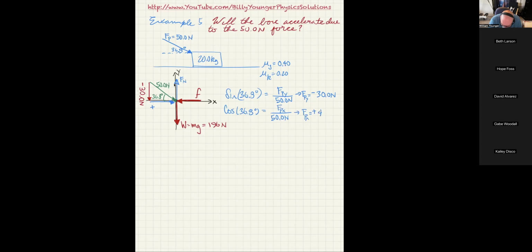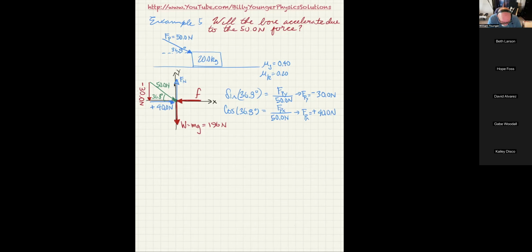In this case, it should be 40.0 newtons. Again, I'll check it with my calculator just to make sure. 50 times cosine 36.8 degrees gives me 40.03, which is really about as close to 40 as we need. So now I have all of these forces drawn.